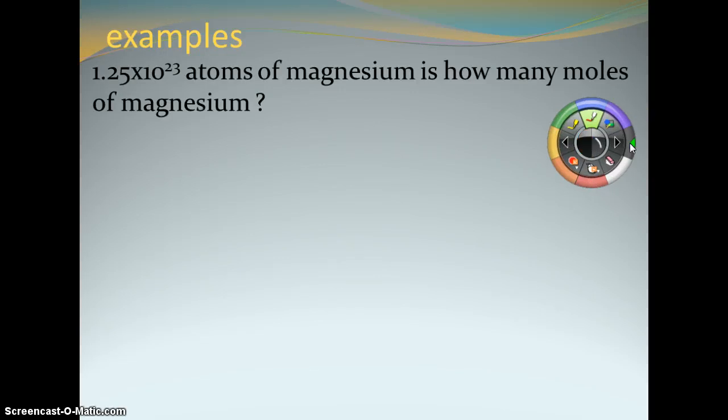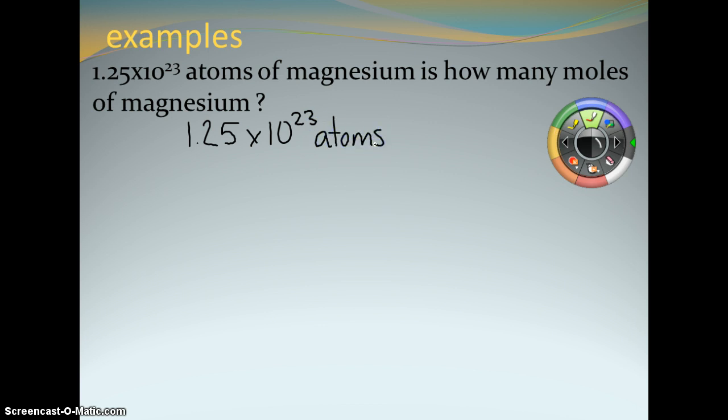So what did they give us in the problem? They gave us 1.25 times 10 to the 23rd atoms. So that's what we've been given.